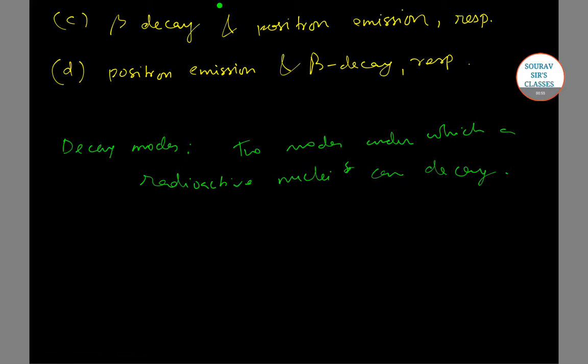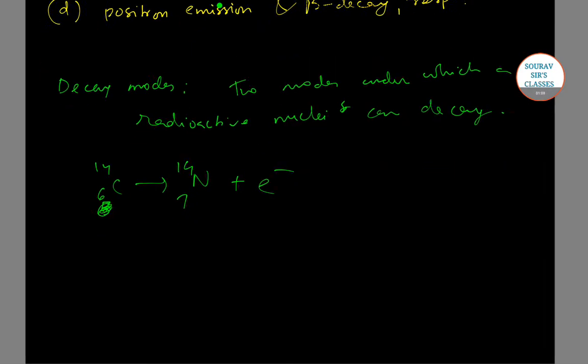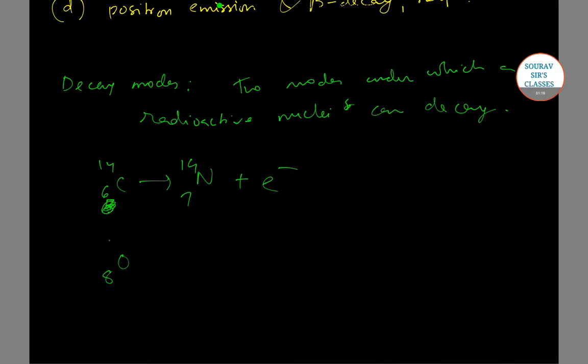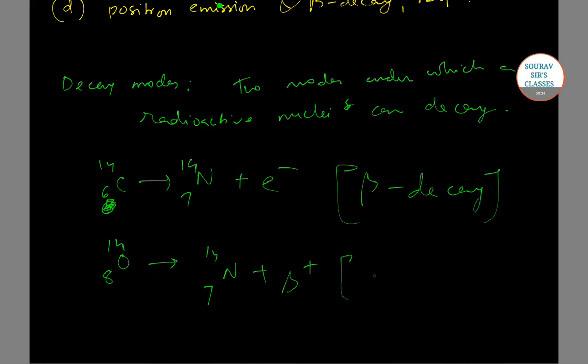So for C14 it is nitrogen 14 plus electron, whereas for oxygen it is nitrogen 14 plus positron. So this is beta decay and this is by positron emission.